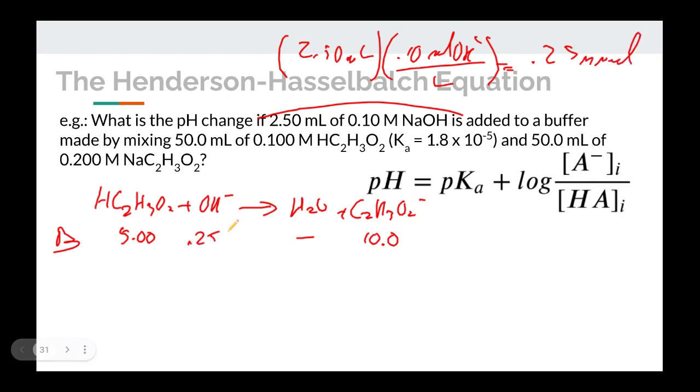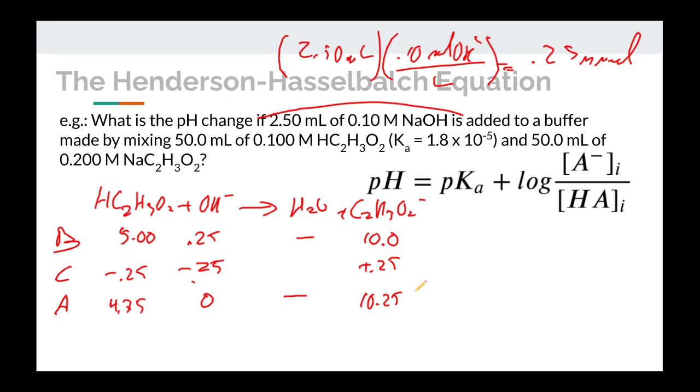That's our change. Hydroxide ion is the limiting reactant, so we're going to lose 0.25 from both reactants. We're going to gain 0.25 on the product side. Afterwards, 4.75 millimoles is the amount of acetic acid. We won't have any OH minus, don't care about water, and we're going to have 10.25 millimoles of acetate ion.